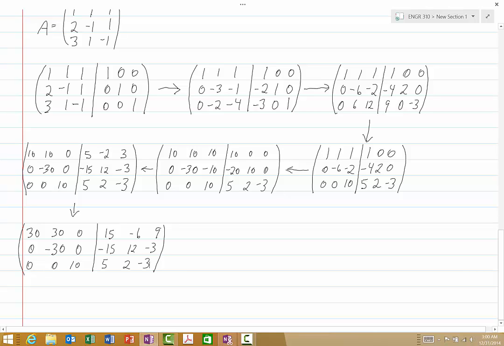And now we will add the second row to the first row to get rid of this 30 here.